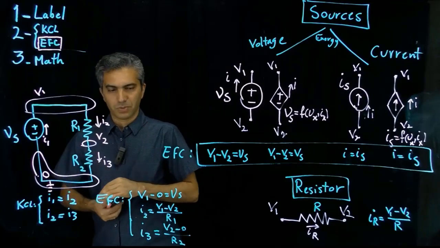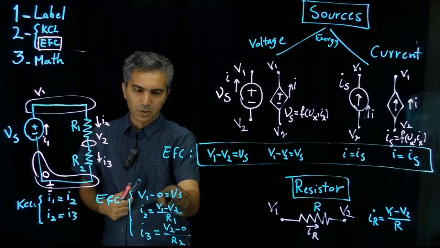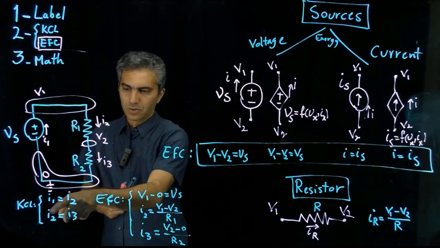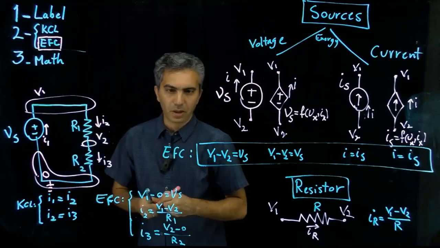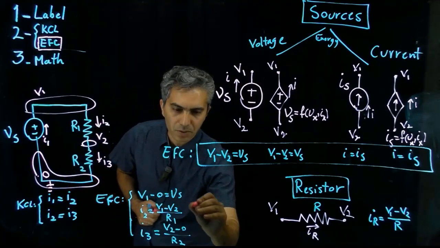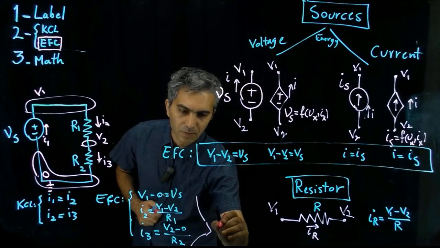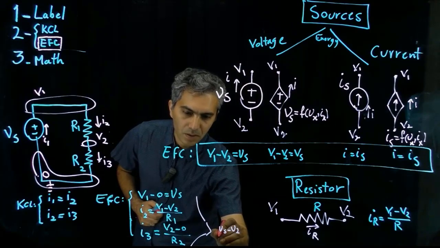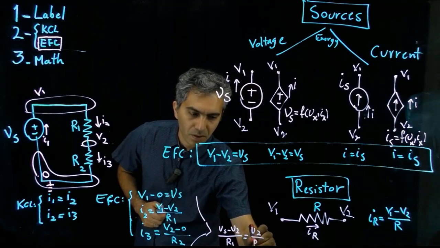Relatively easy math for this one. You take V1, equate that to Vs in these other 2 equations. You also know that I2 and I3 are equal to each other, so the whole thing boils down to this. So Vs minus V2 divided by R1 is equal to V2 divided by R2.